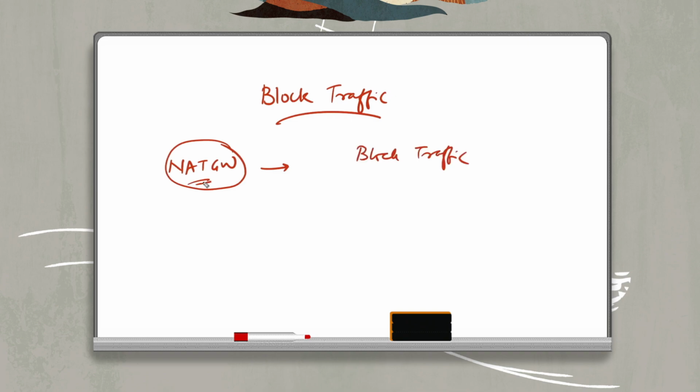To help you do that, there is a functionality. After you create the NAT gateway, you can go ahead and block the traffic. So what happens is, regardless of any route rule or any security rules that you have in the VCN, all the traffic that flows through the NAT gateway is going to be blocked. So this is one interesting feature that NAT gateway has.